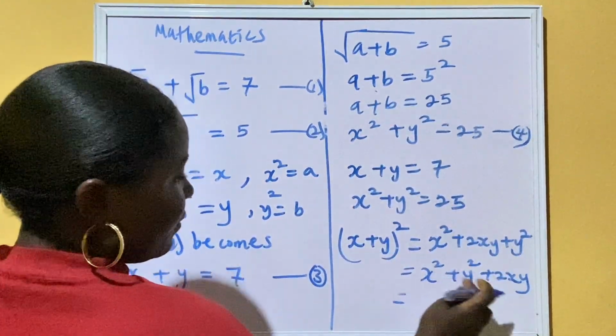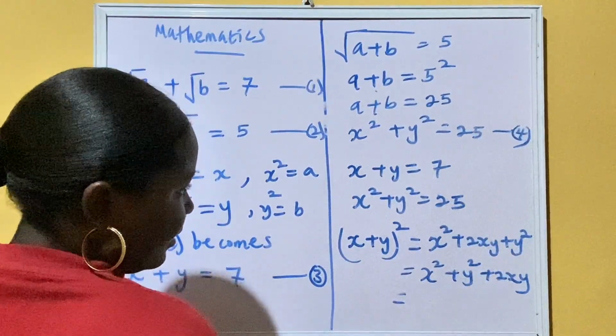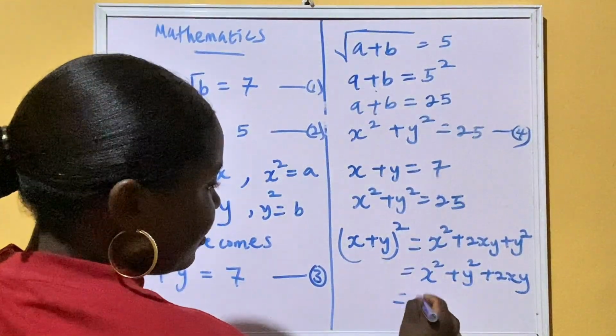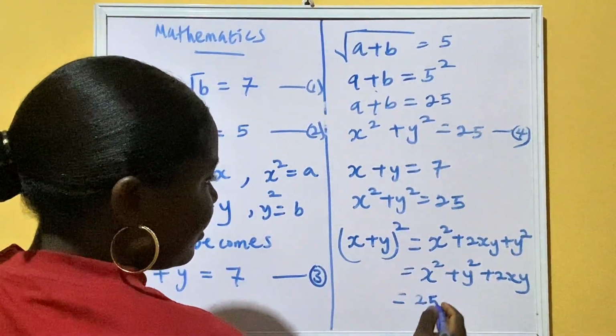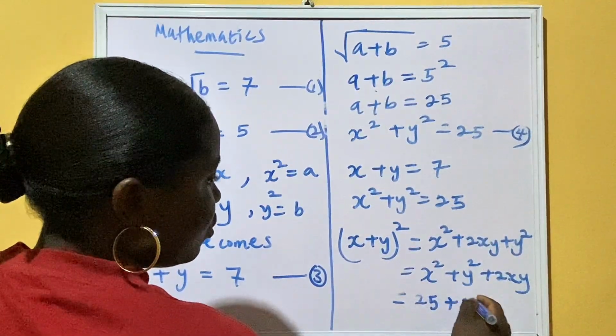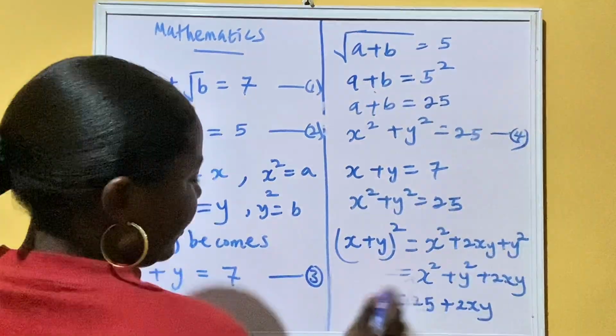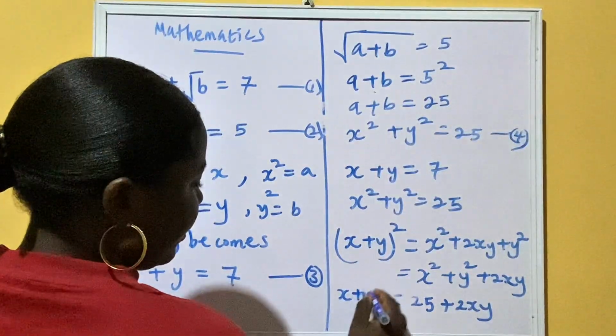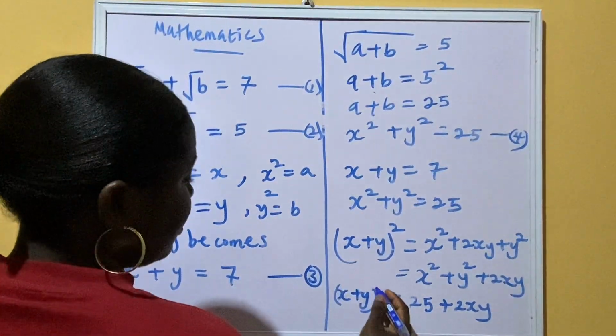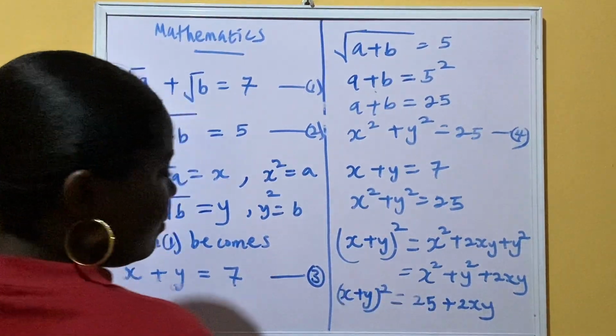Now remember, x squared plus y squared is equal to 25. This is the same thing as 25 plus 2xy, which equals x plus y squared.